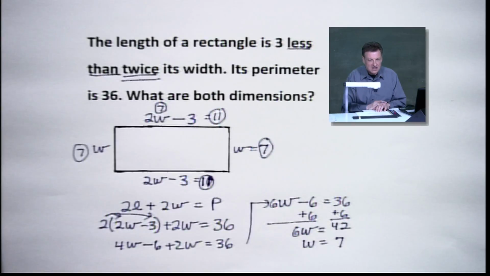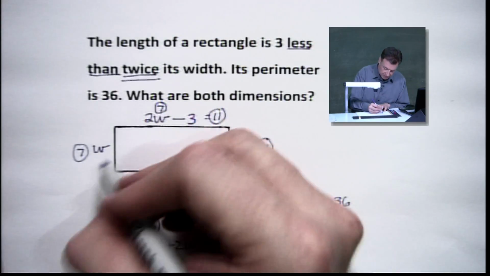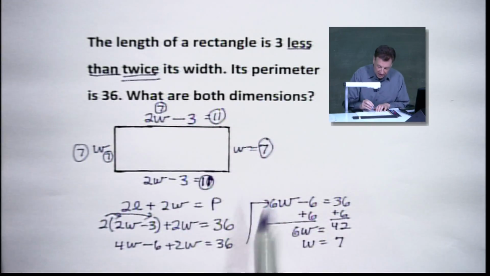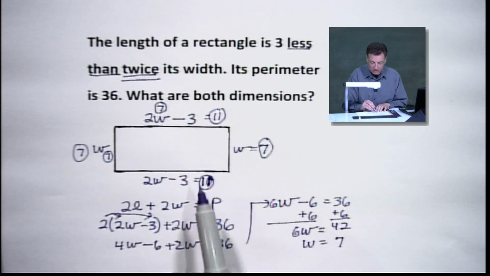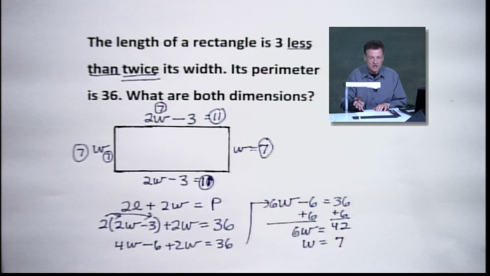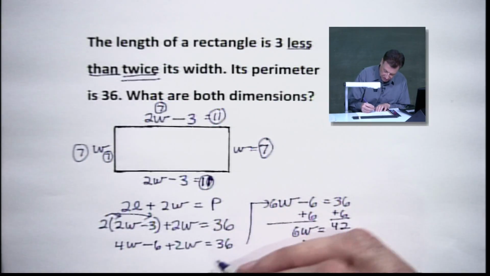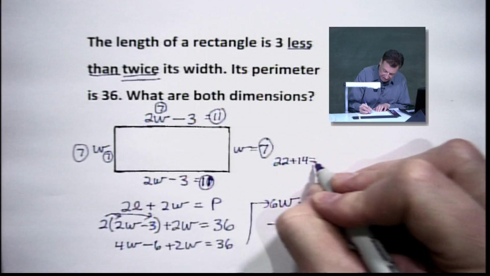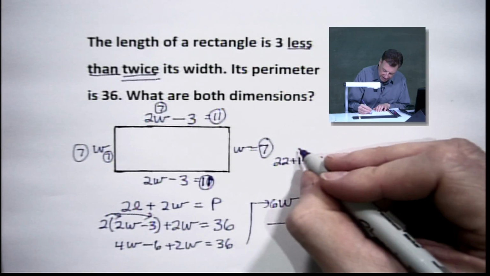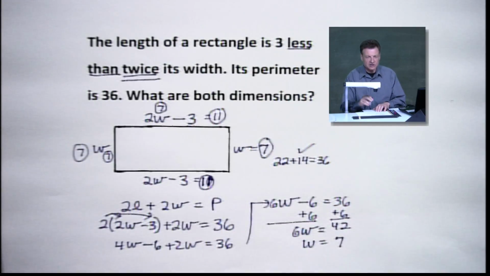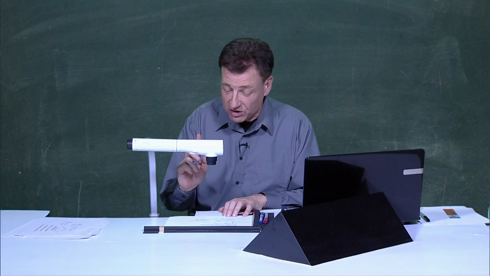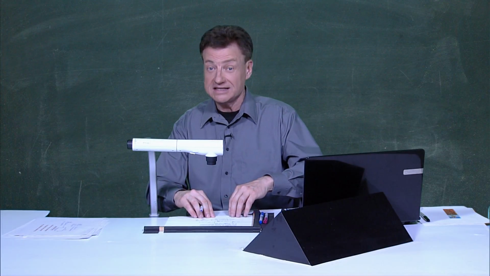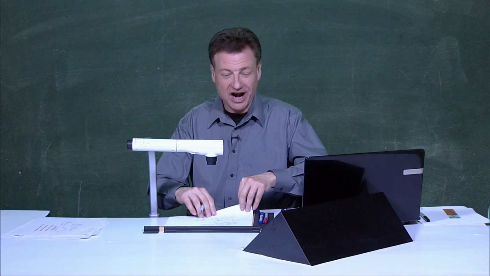So adding these all up, 11 and 11, which is 22. 7 and 7 is 14. 22 and 14 gives me 36. So it's like saying 22 plus 14 equals 36. And that, folks, checks. So we got good values. Our dimensions, by the way, are 7 and 11.